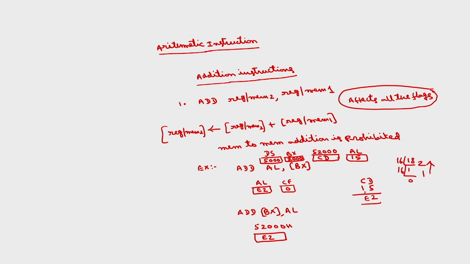The second add instruction is ADD register with data. If it is an 8-bit register, 8-bit data; 16-bit register, 16-bit data. So directly the data will be added with the register and stored back in the register.